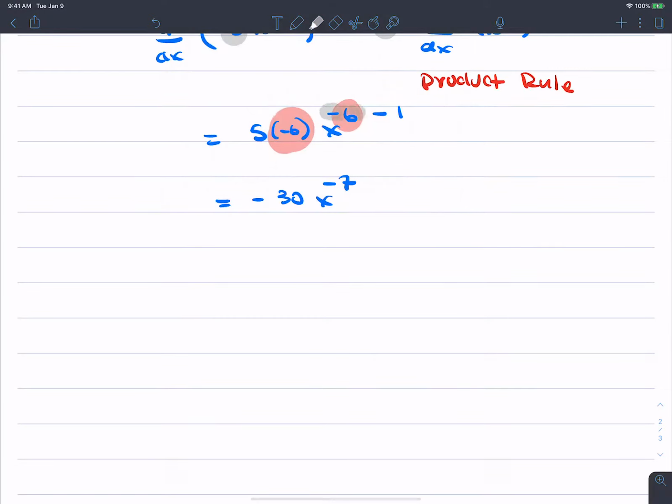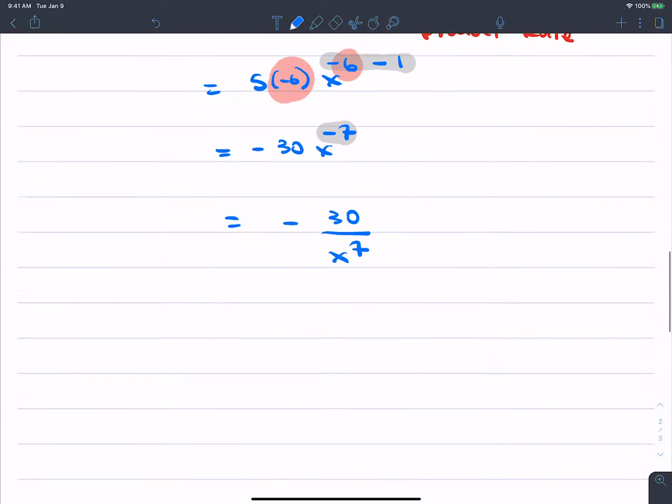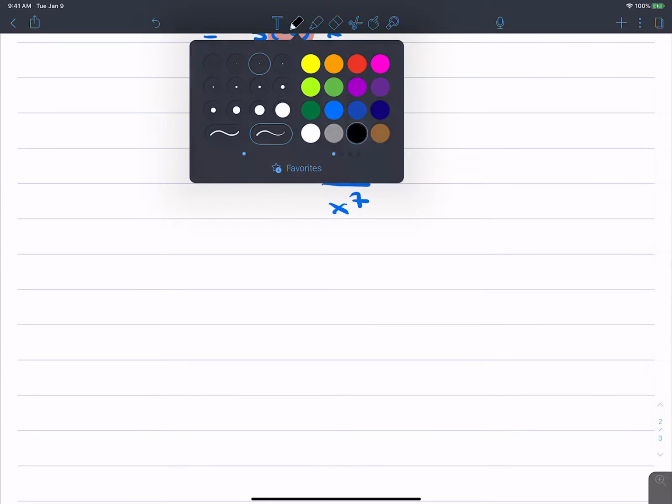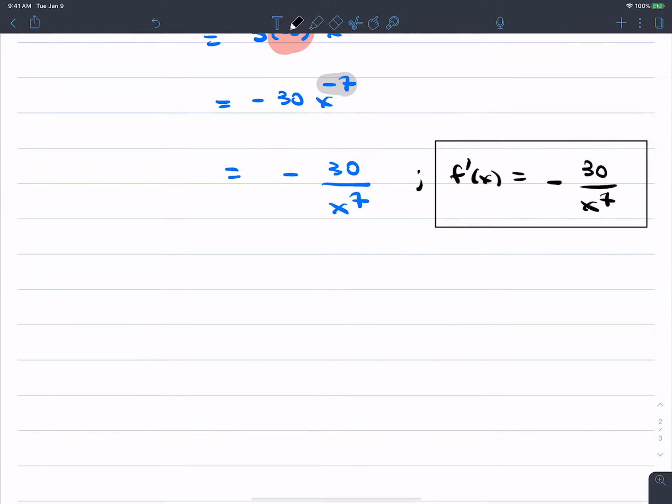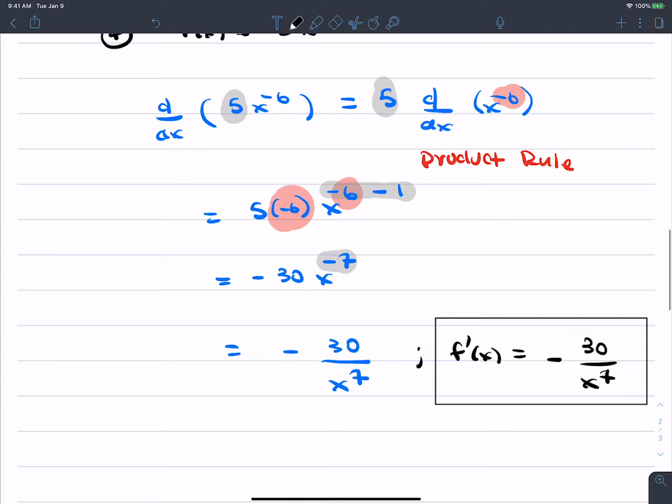Negative 6 minus 1 is negative 7. So this will be negative 30. We write it as a positive power, that's x over 7. So ladies and gentlemen, here is your answer. You say f prime of x becomes negative 30 over x to the 7th. And there it is.